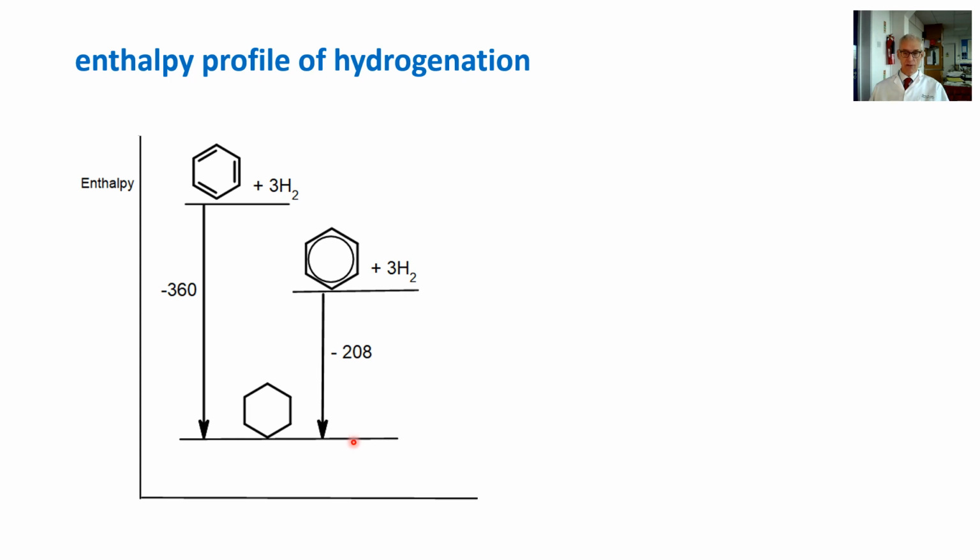So we can obviously conclude from this that there is a difference between the energy state of the Kekule model and the real benzene, which of course is the difference between the two. So that's minus 152 kilojoules. So we're going to say that real benzene is 152 kilojoules lower in energy, more stable than the Kekule model.